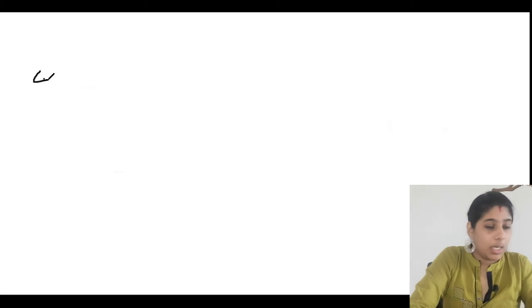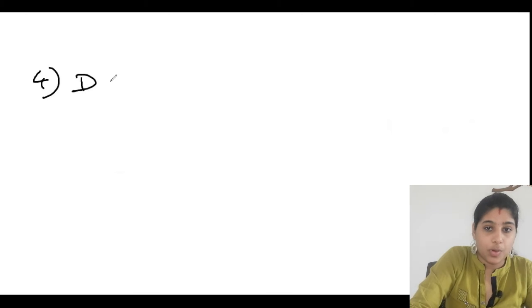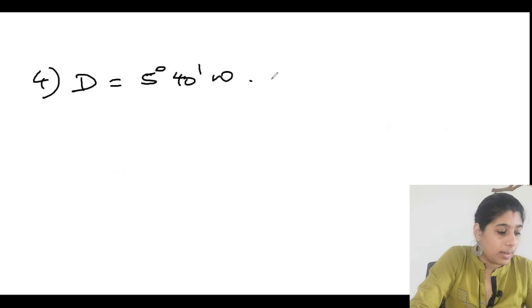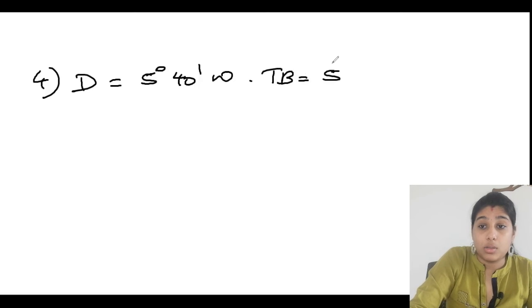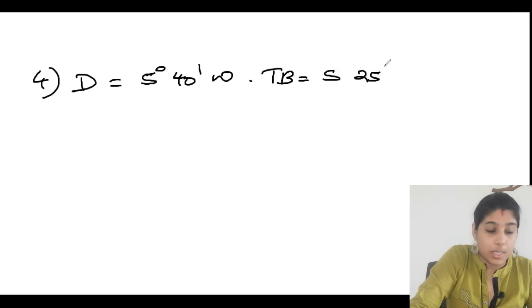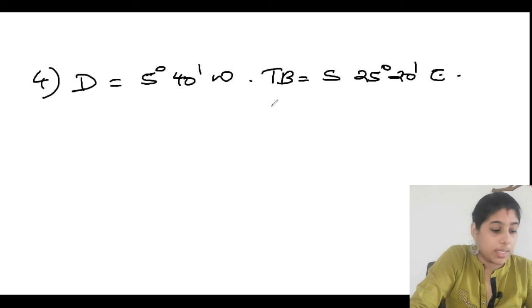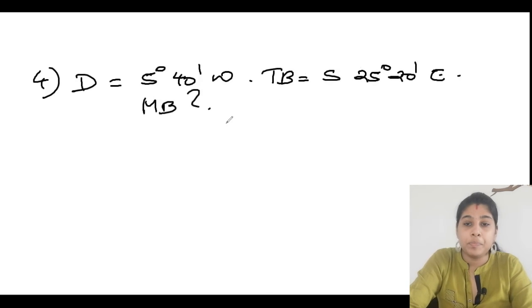Next question. If declination is 5 degrees 40 minutes west and true bearing is south 25 degrees 20 minutes east, what is the magnetic bearing?